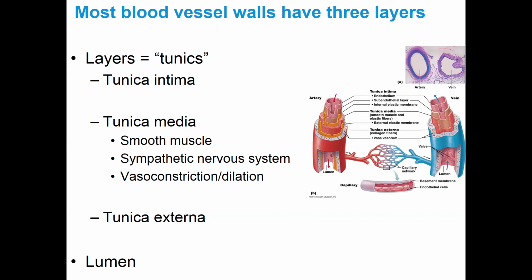The tunica intima includes that, but it also includes a layer superficial to that. There's a subendothelial layer and then an internal elastic membrane. That internal elastic membrane allows the blood vessel to be able to expand and contract. One of the things you can notice already is that both arteries and veins have an endothelium and a subendothelial layer in their tunica intima, but on the side of the veins, there's not that internal elastic membrane, because veins are a low pressure system, they don't need all the elastic tissue that the arteries have.